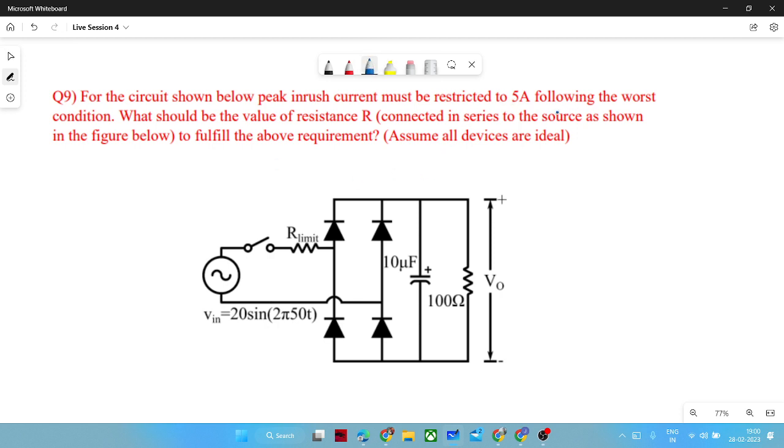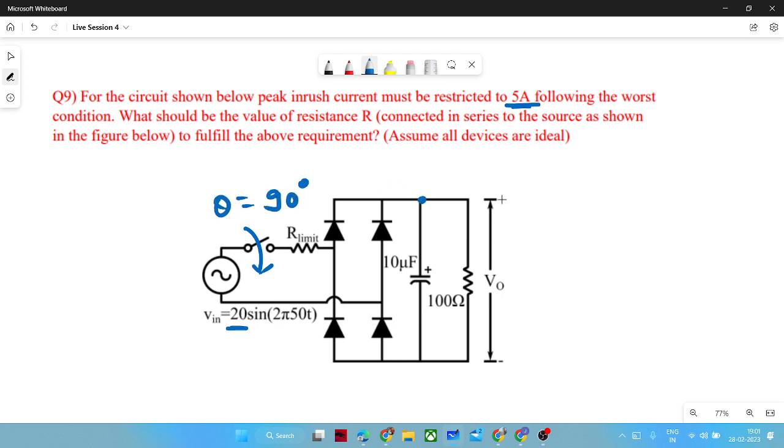So we have the limit of inrush current, 5 ampere. For this, we will have to consider the worst case scenario. Let us assume Vs has the maximum supply value of 20 volt. Let us assume we turned on this switch at the instant when the sine is at its peak, so at theta equal to 90 degrees.